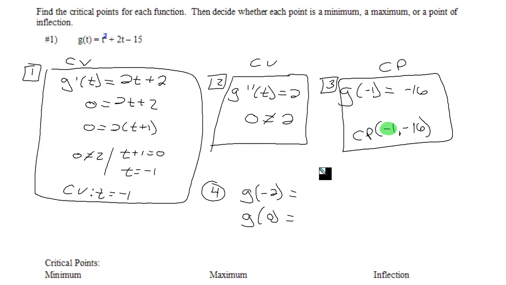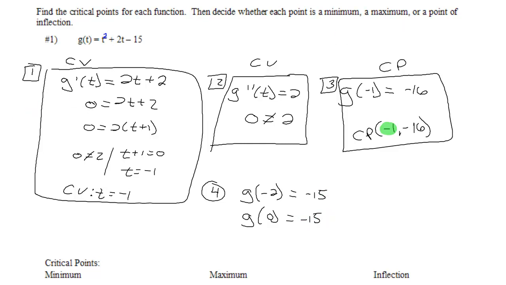On a number line, negative 2 is to the left of negative 1 and 0 is to the right. If I put those into my function, negative 2 gives me a negative 15. A 0 also gives me a negative 15.